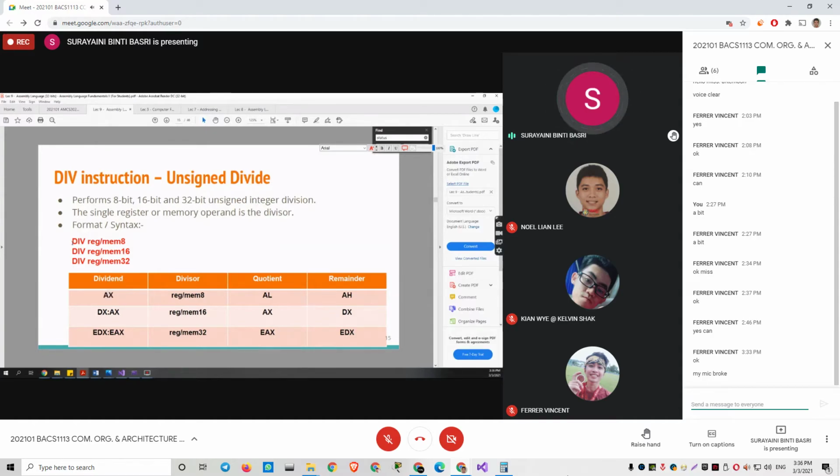Then when you do the division instruction, just put the divisor with your div instruction.